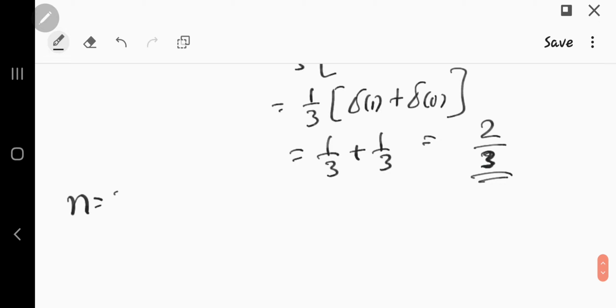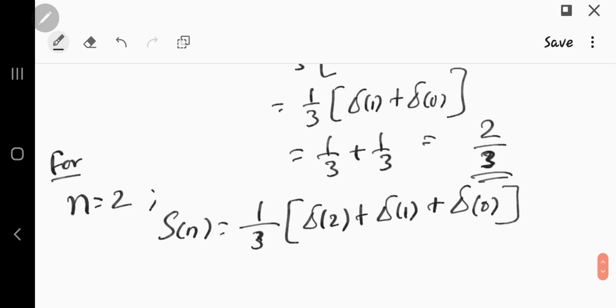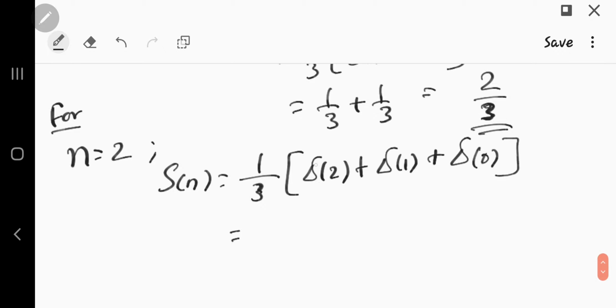Next, last, at n is equal to 2, s of 2 is equal to 1 by 3 into delta 2 plus delta 1 plus delta 0. So that means 1 by 3 plus 1 by 3 plus 1 by 3.